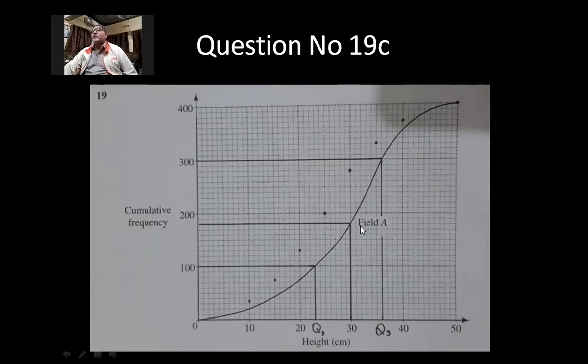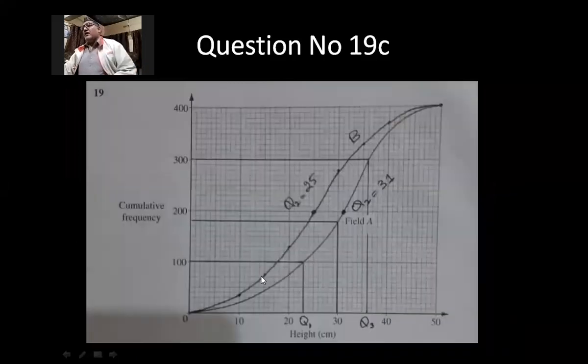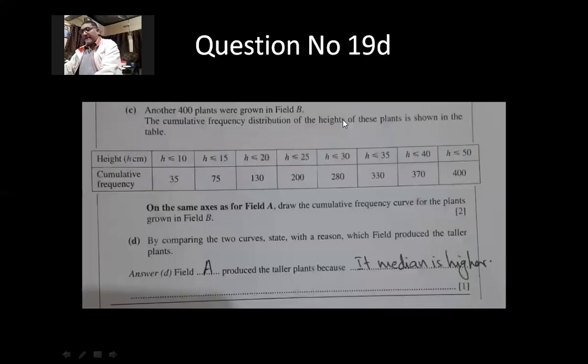On the same graph paper, we have drawn these dots for the cumulative frequency curve for the field B. And here you can see that I have joined those points with the curve. And you can see we got this cumulative frequency curve for the field B. This is for the field A, this is for the field B.